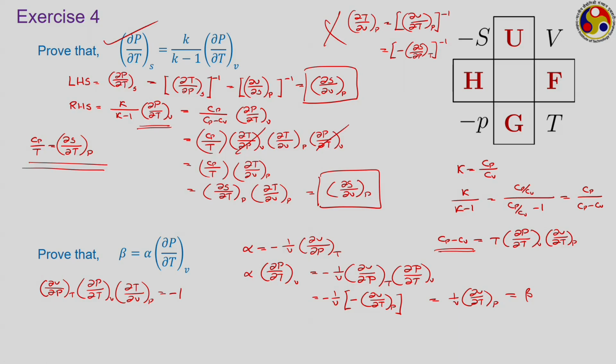So, it is a very simple proof, that is beta is equal to alpha into dou P dou T at V. Numerous relations can be proved just using the definitions, some fundamental equations of partial differentials, and of course, the Maxwell's relations. These are a couple of good exercises which I have shown here. The second one is quite straightforward, but from the first one we have seen how we may go in an alternate direction, just trying to substitute something without understanding exactly where we are trying to go.